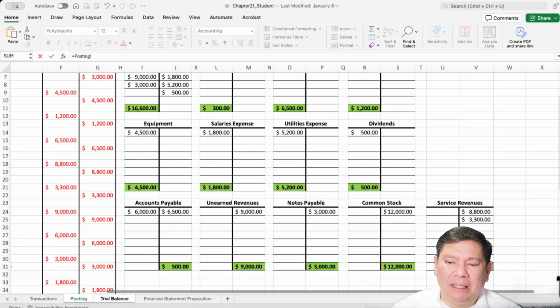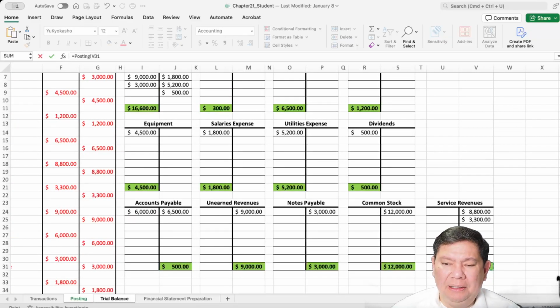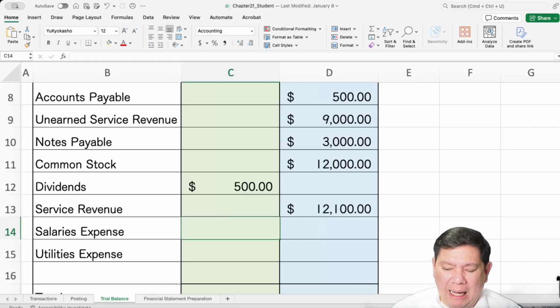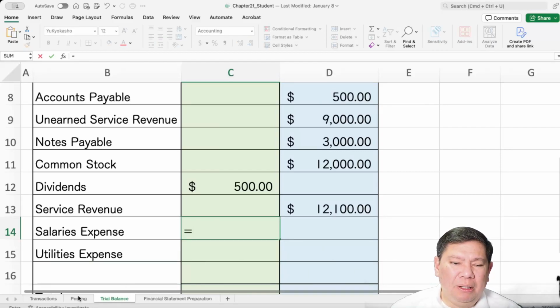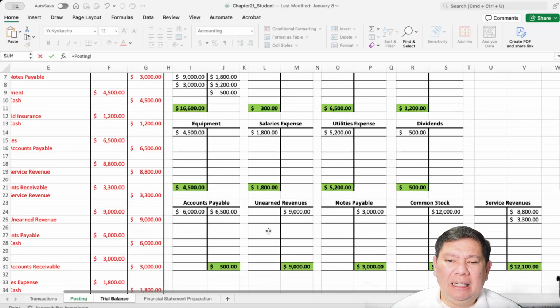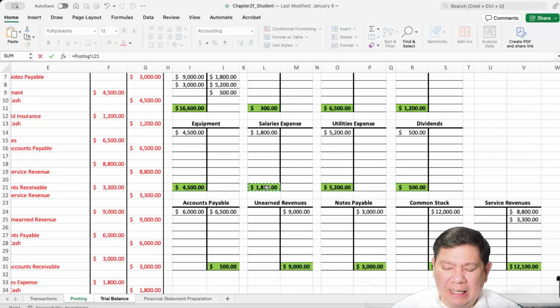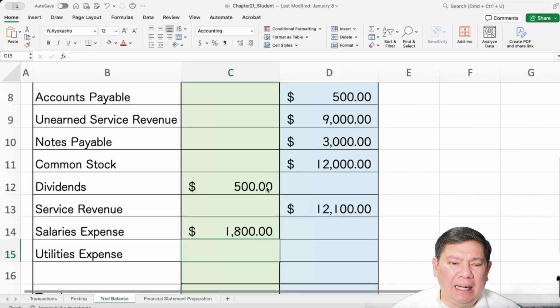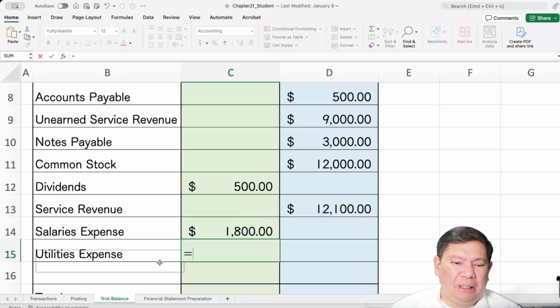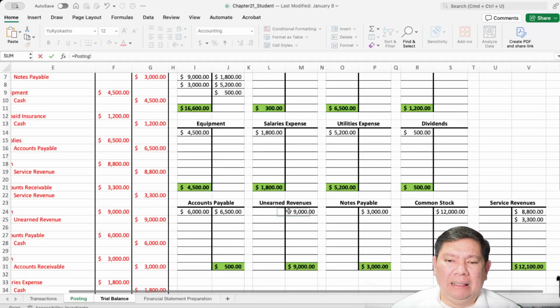That's our service revenue at the end there. Expense, we go back to debit because expenses reduce retained earnings and equity. That's our salaries, and utilities expense is the last one.